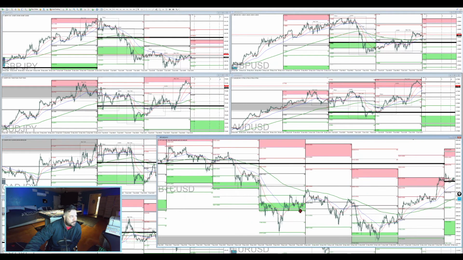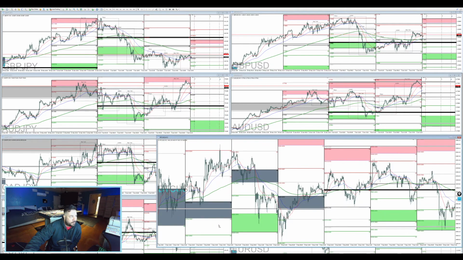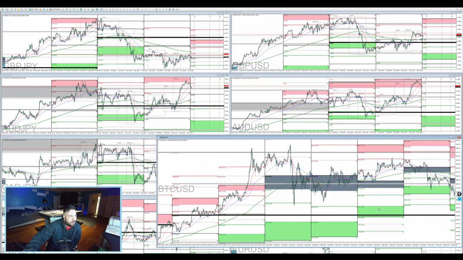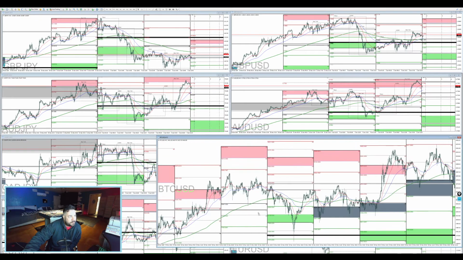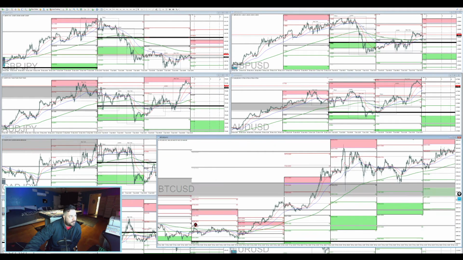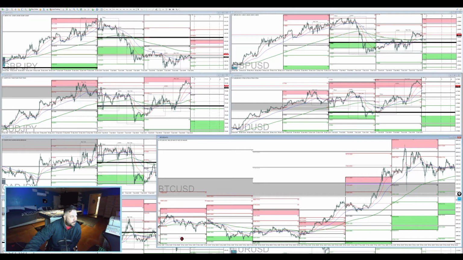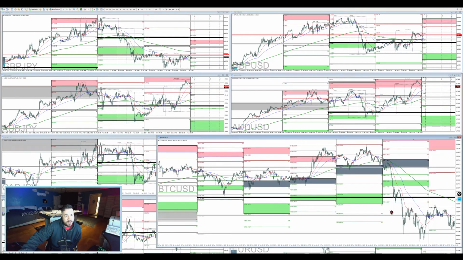I already started doing some testing on it, and it performs very well. In fact, it goes back only to 12 November. That's as far back as it goes. So I'm going to play around with this.